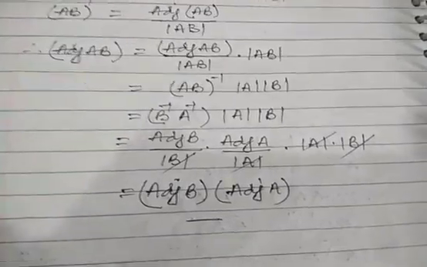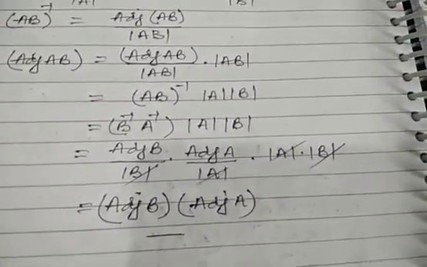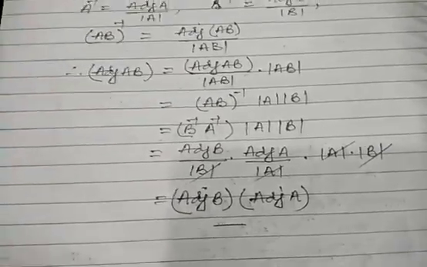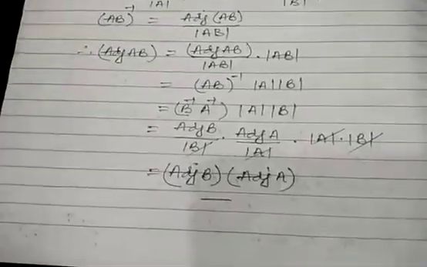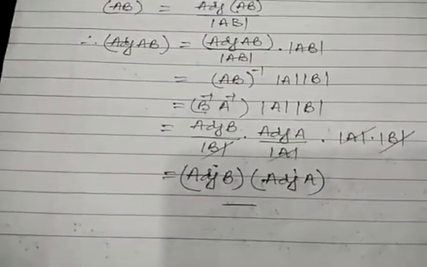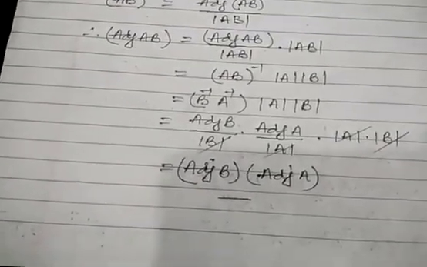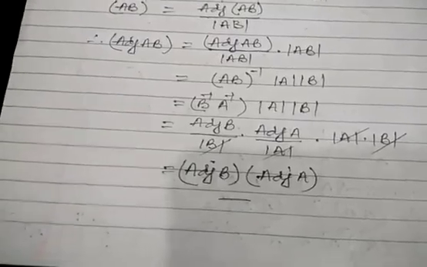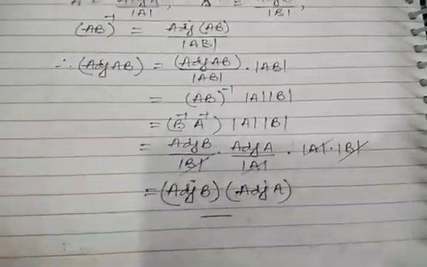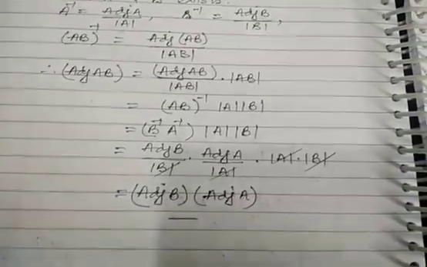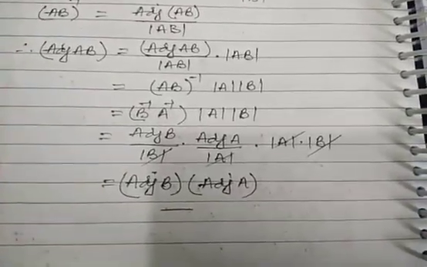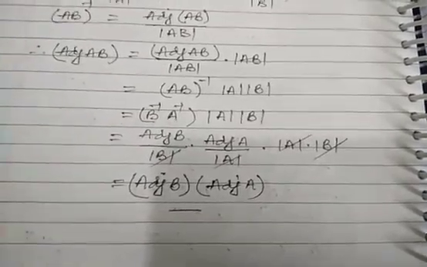So it is B inverse into A inverse into determinant A into determinant B. Now we know the formula for B inverse: B inverse is equal to adjoint B by determinant B, and A inverse is equal to adjoint A by determinant A, into determinant A into determinant B. So you will get finally adjoint B into adjoint A. Therefore, adjoint of matrix AB is equal to adjoint B into adjoint A.